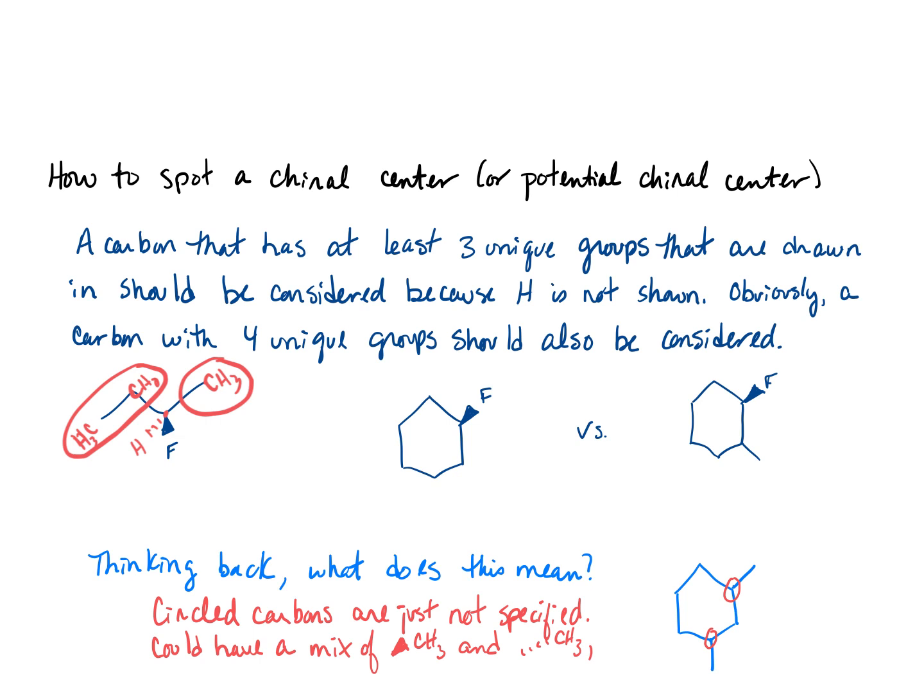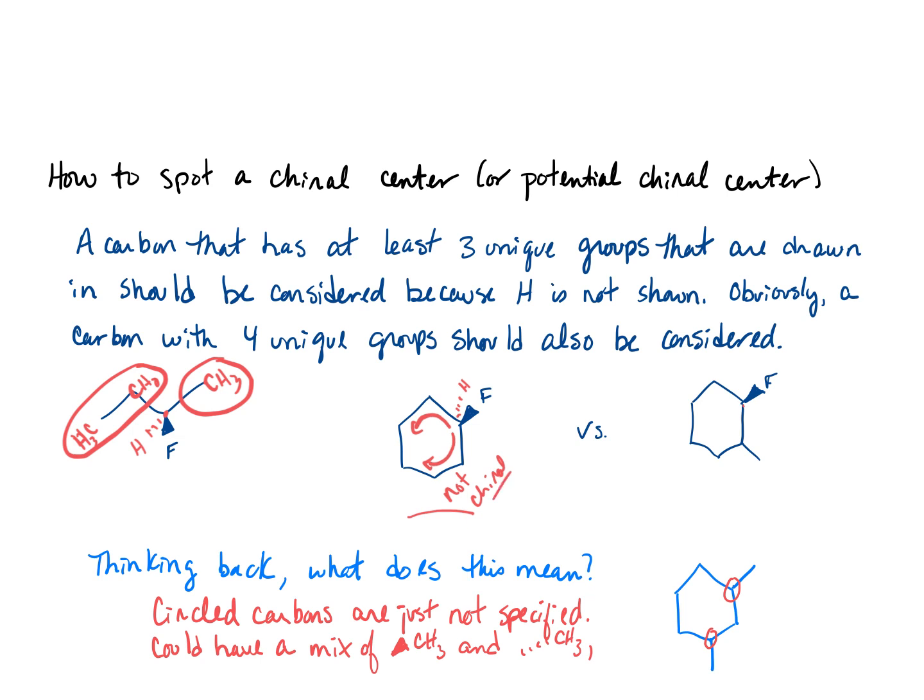So another example of that. This first example here, remember we've got another hydrogen here in the back, so that's still there. Now in this case, when I go this direction and I go this direction, they're the same. So this is not a chiral molecule.